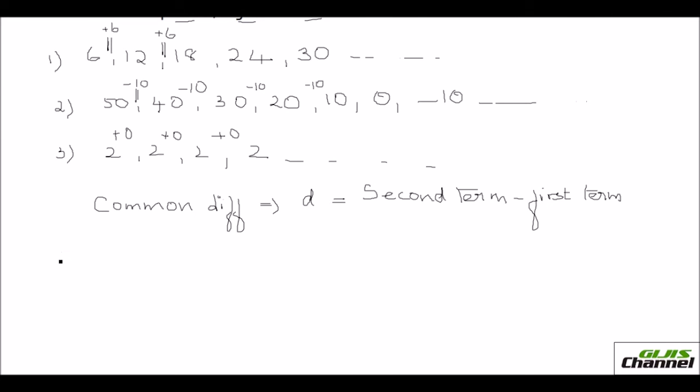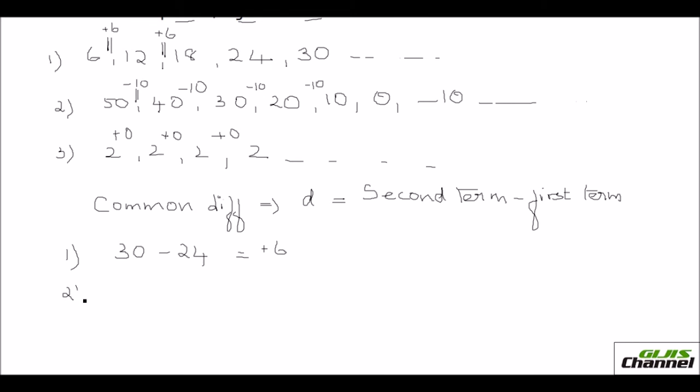See how I'll show you how to find the common difference for 1. It is 6, 12, 18, right? You can take any two terms. I just take 24 and 30, okay, the two terms. So second term minus the first term. I just subtracted the first term from the second term, and I get the answer as plus 6, right?